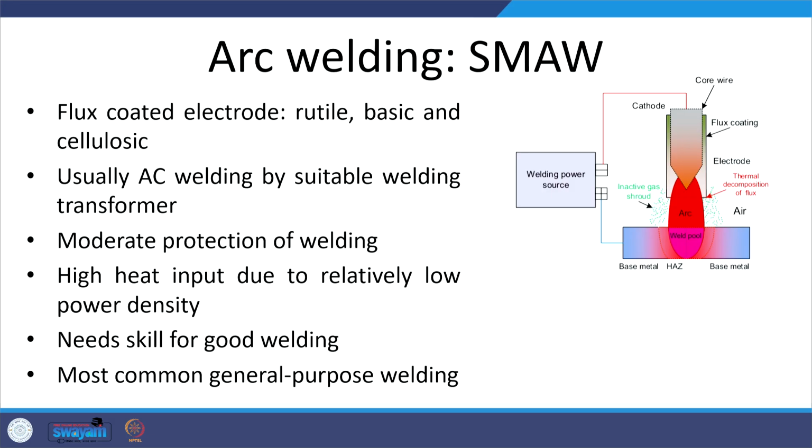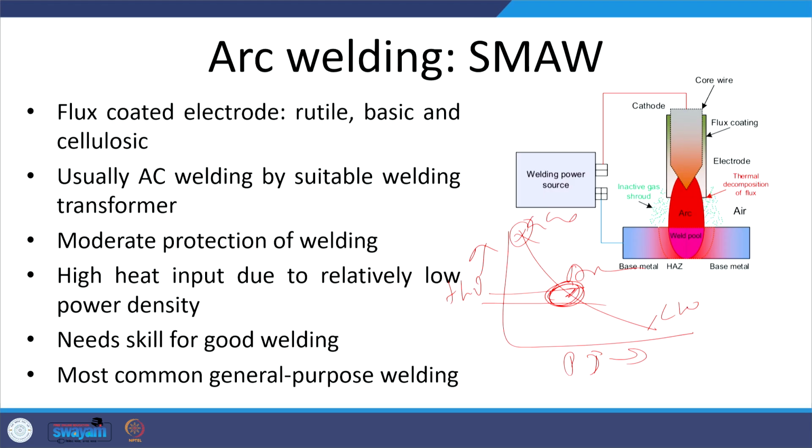The power density associated with SMAW is also not very high, unlike plasma or laser. In terms of heat input, going from gas welding to arc welding to laser welding, in the case of SMAW the heat input is lesser than that needed for gas welding, but it is still much higher than that needed for high power density welding processes, including plasma arc.